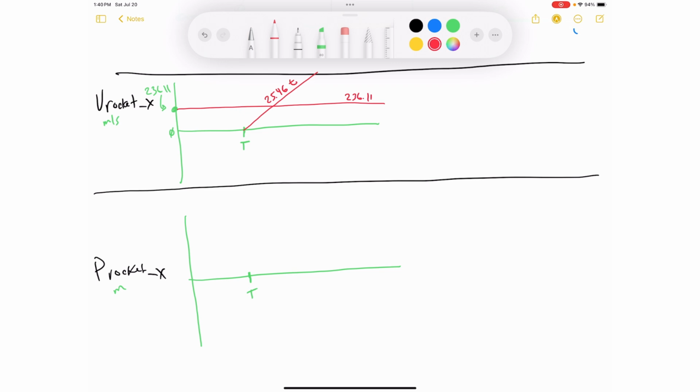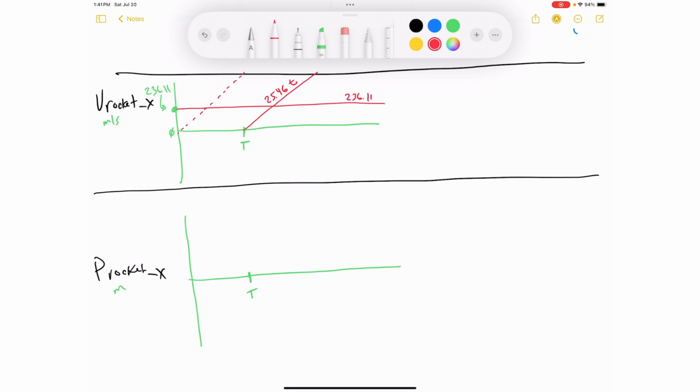But how can you do that? This function I just wrote is actually here. If you were to plot 25.46 t, it would go through 0, right? Its y-intercept is 0. But I don't want it to be there, because this acceleration actually starts at capital T, time equals capital T.